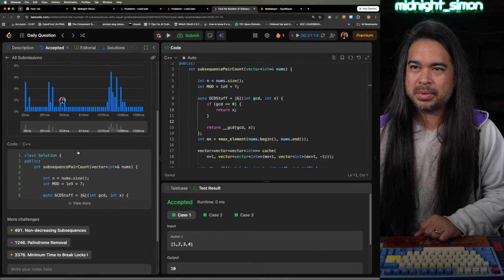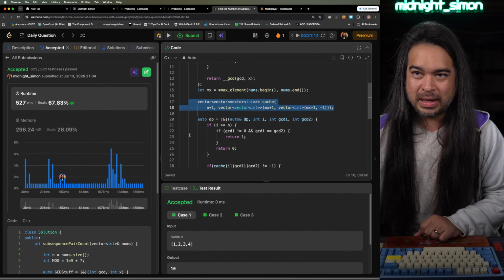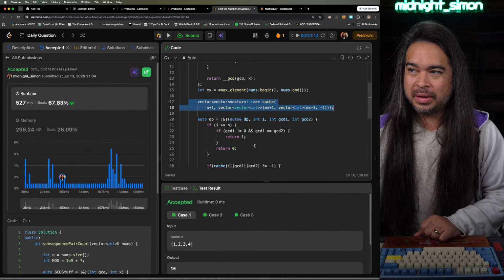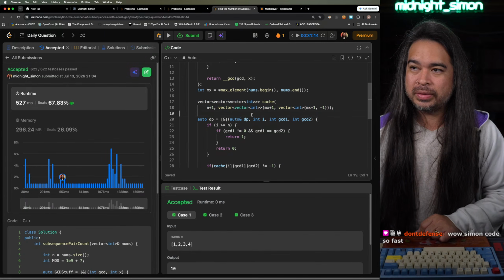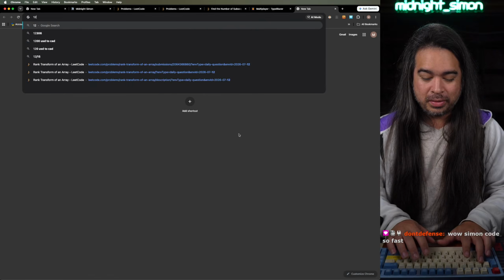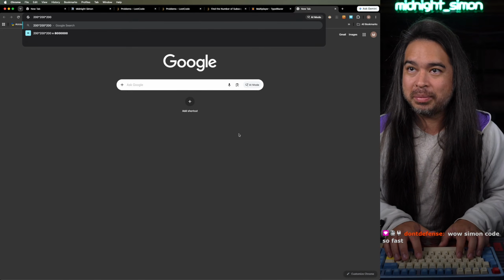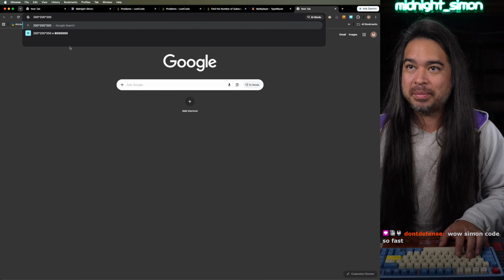How is that possible? I guess creating that cache is that expensive, huh? When it's 200, what's 200 times, I don't know. I guess it's a pretty big cache. Is that 8 million?